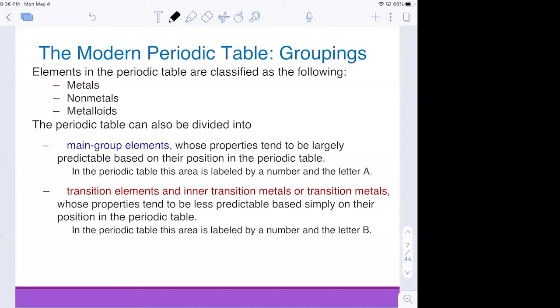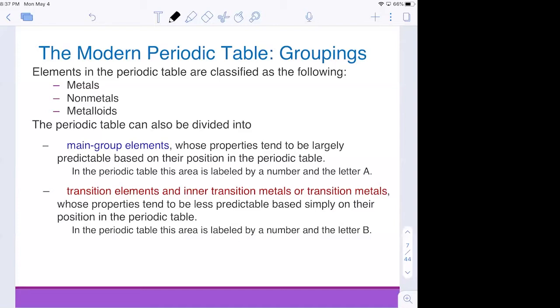Depends on which way your periodic table is labeled. If your columns go 1 through 18, you'll see a 13 up there. If your columns go with A's and B's, you'll see the A's are the main group elements.